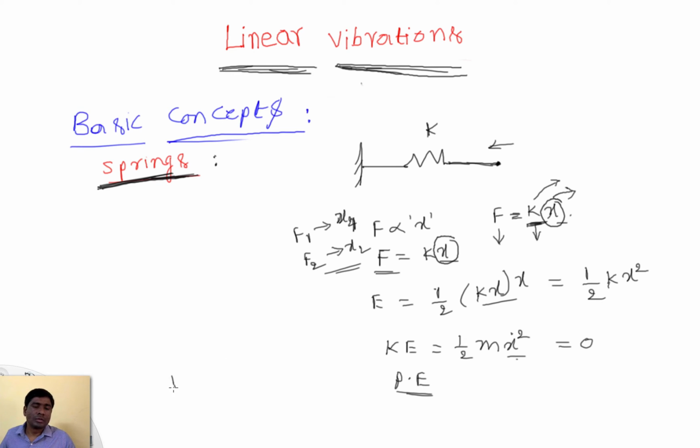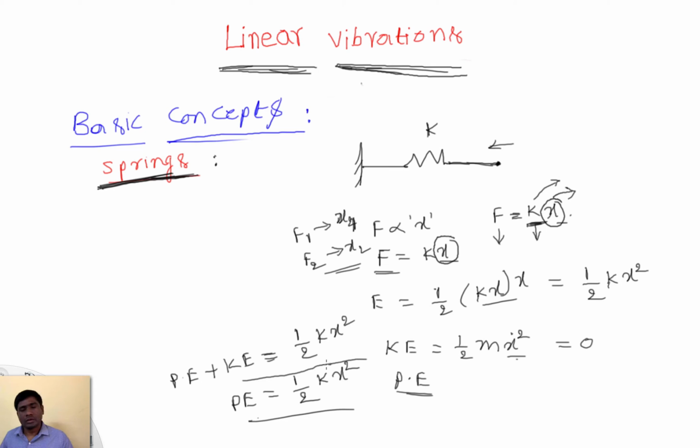We know that PE plus KE equals total energy. Here the total energy is nothing but the strain energy gained by the spring, which we have already derived as half into k into x square. But here KE is 0 since mass is neglected. So the potential energy of the spring becomes equal to the strain energy of the spring, that is half into k into x square. This is how we derive the potential energy of the spring.